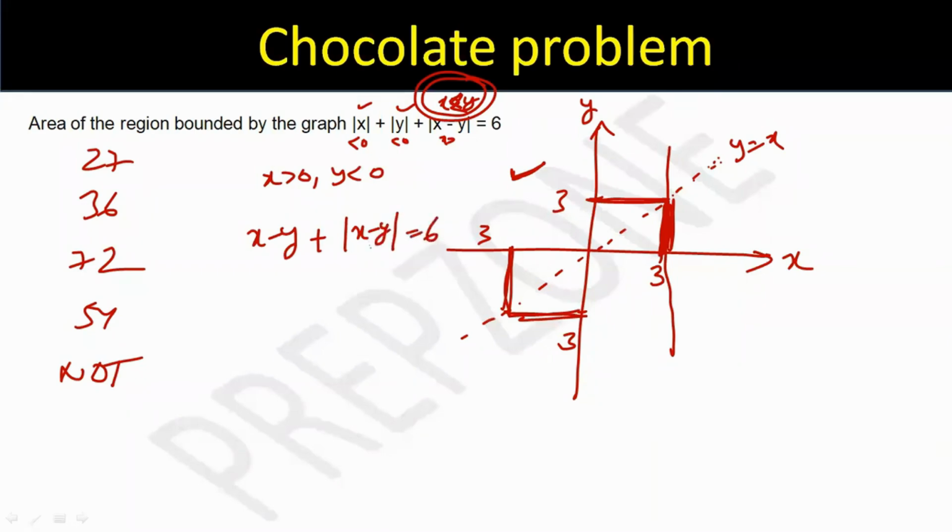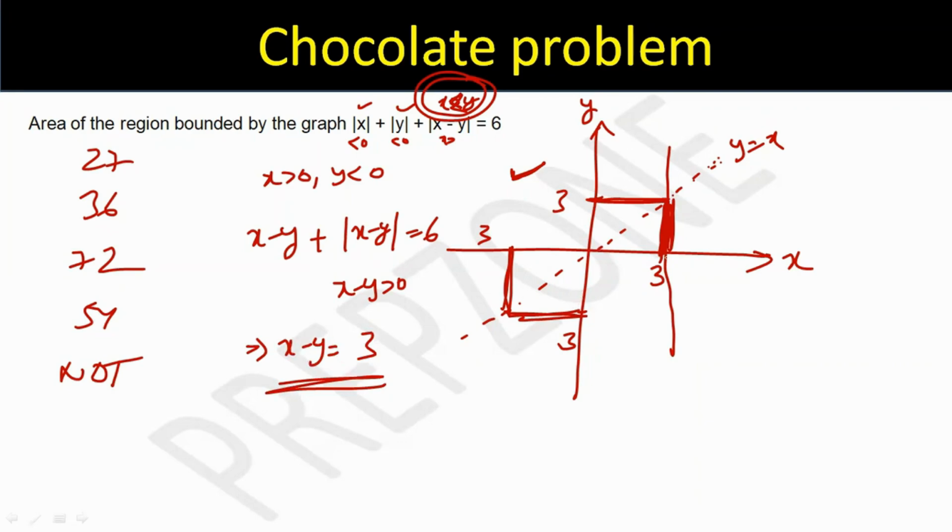Because it is in this quadrant, it is always below y equals x. So x minus y has to be positive because y will always be less than x, correct? So what is this line? X minus y equals 3. How do you plot it?